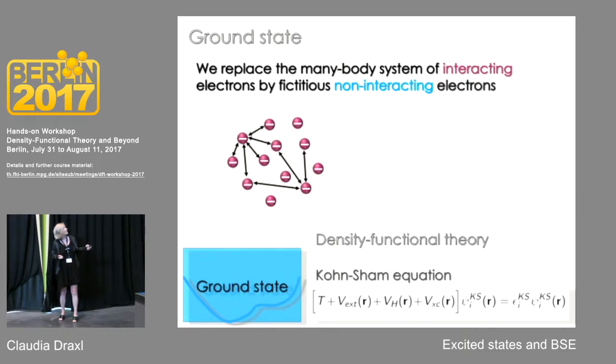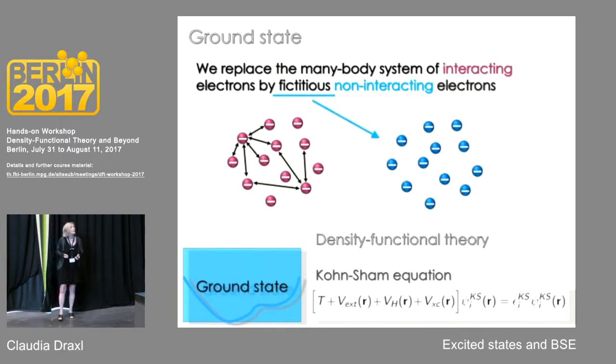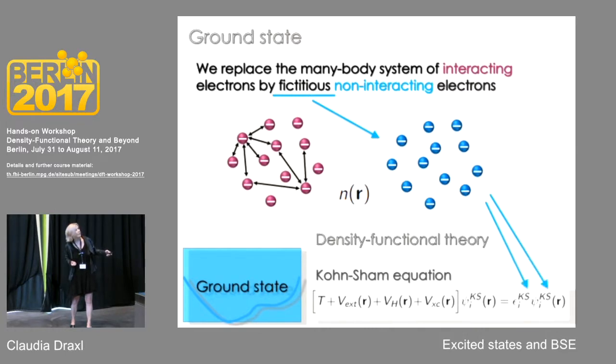Because we have replaced this system of interacting electrons, every electron interacting with every electron, by a system of non-interacting particles, but this system is fictitious. So these electrons don't talk to each other anymore, but this comes, of course, with a price. And the price you have to pay is that these Kohn-Sham energies and the wave functions cannot be interpreted anymore, because it's just an auxiliary system.